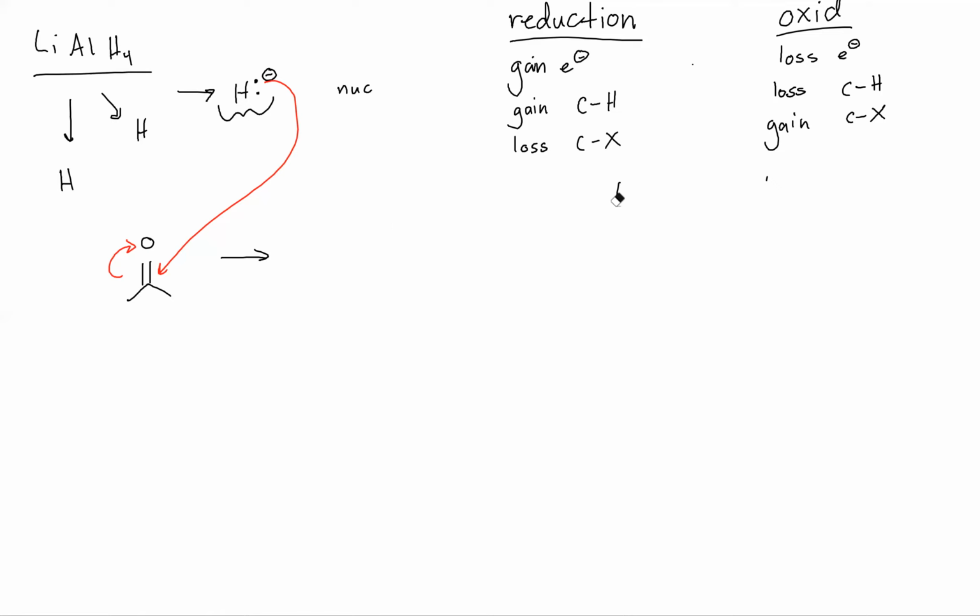The reason we call reduction the gain of carbon-hydrogen bonds is because of what happens here. If I go from, let's say, a carbon-oxygen bond to a carbon-hydrogen bond, when we had that carbon-oxygen bond, the carbon was slightly positive and the oxygen was slightly negative. But when we go to a carbon-hydrogen bond, that carbon is, for all intents and purposes, neutral, which means that overall it had to have gained some negative charge.